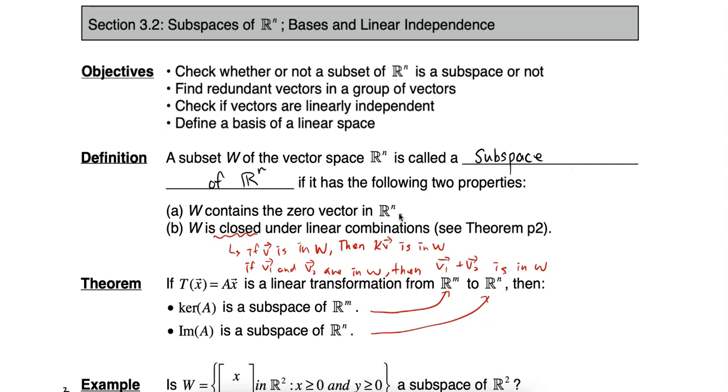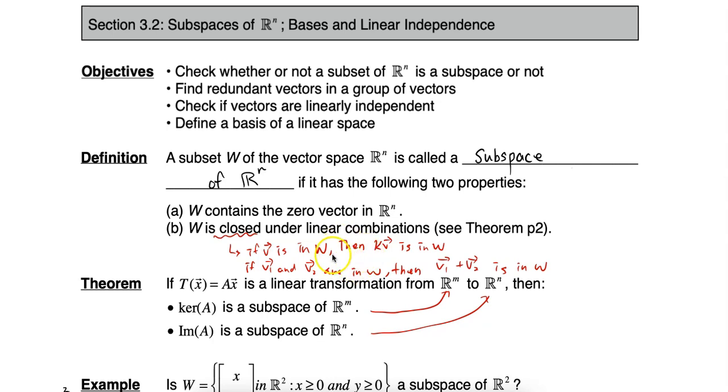Closed under linear combination means that if you have a certain vector, let's call it v, in the subspace, then any multiplication of v by a scalar, so any vector kv, is also in the subspace. Secondly, if you have two vectors in the subspace, v1 and v2, then you can add them together, and the sum will also be in the subspace.